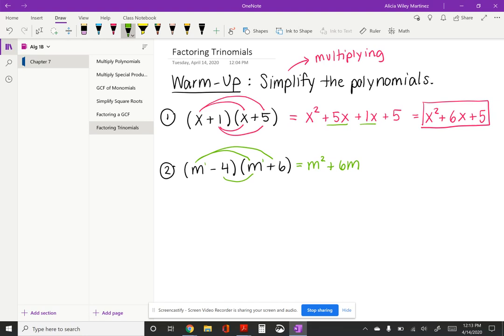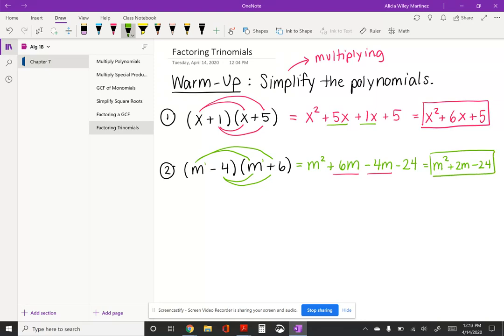So negative 4 times m is the inside, so that's negative 4m. And then negative 4 times 6, that is negative 24. And again, you have to take a moment and simplify by combining like terms if there are like terms to combine. In doing that, you should have gotten m squared plus 2m minus 24.